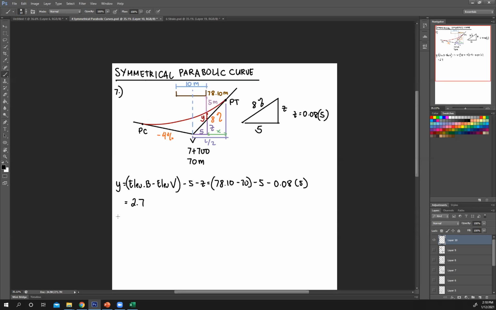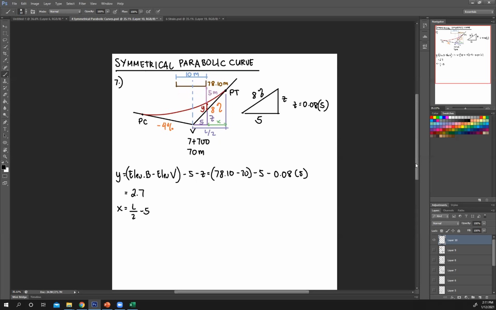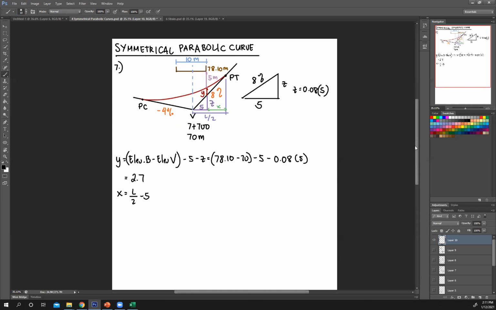So x now is just L over 2 minus 5. Remember, PC or PT to vertex is always L over 2. Now that we know that, let's use our actual equation, y over x squared equals h over L over 2 squared. So y is 2.7, x is L over 2.